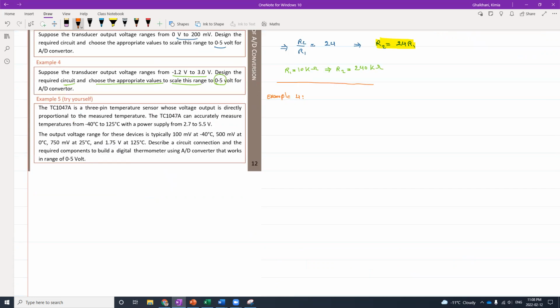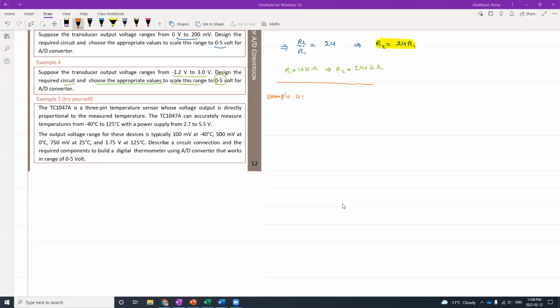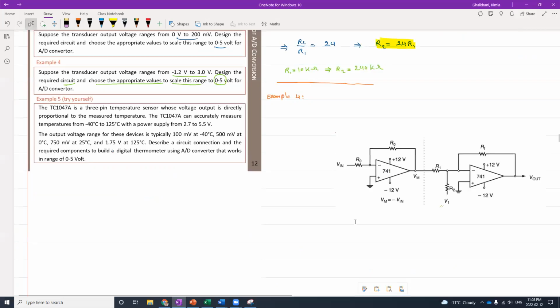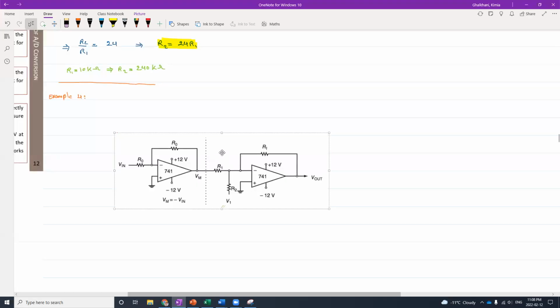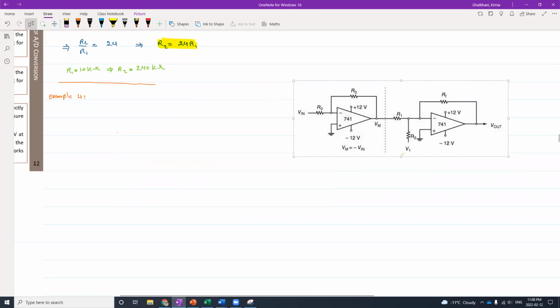Let me bring that exact circuit from the previous slide to make it easier for you to understand what I am doing. I'm going to take this picture, bring it here, and use the shifter and a scalar circuit.